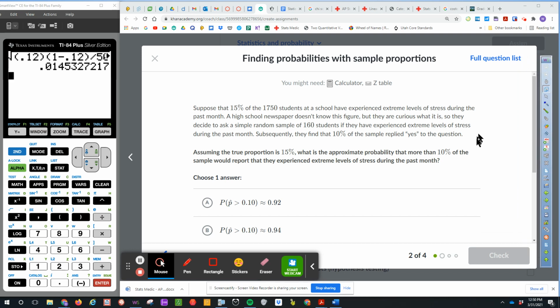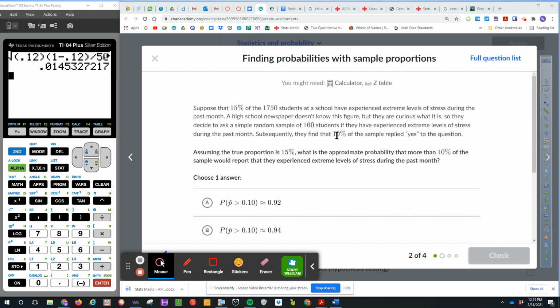So let's go. Suppose that 15% of the 1,750 students at a school have experienced extreme levels of stress during the past month. Well, we all have been going through that a little bit. A high school newspaper doesn't know this figure, but they are curious what it is. So they decided to ask a simple random sample of 160 students if they have experienced extreme levels of stress during the past month.